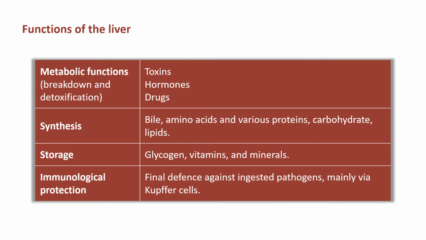So it provides this sort of final defense before the blood flows back to the heart against any ingested pathogens. A lot of this defense, of course, is supplied by Kupffer cells, those tissue macrophages that sit within the sinusoids.